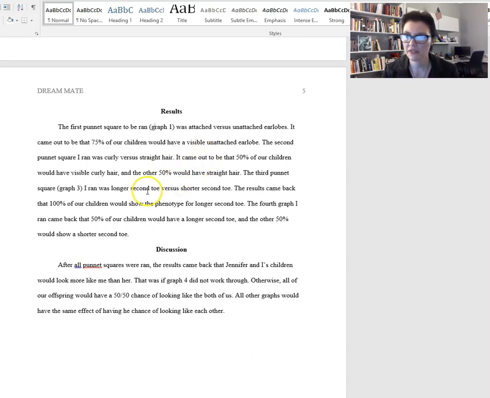Okay, the hair's 50-50. You've got a 75% chance of the unattached, which is you. And if you average the two together, so you've got a 100% chance second toe or 50-50, so I would average that to be like a 75-25. So it would actually come out to look more like you, right? Am I not looking at this right? I don't know. Think about that. Hopefully I'm looking at this correctly.